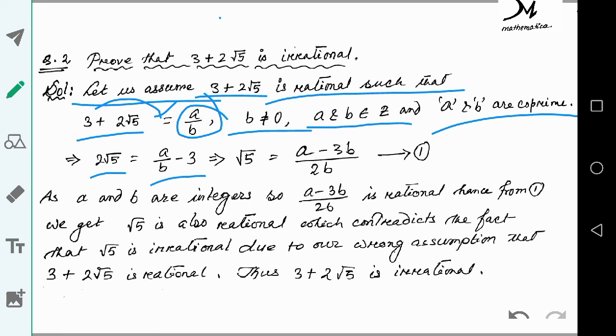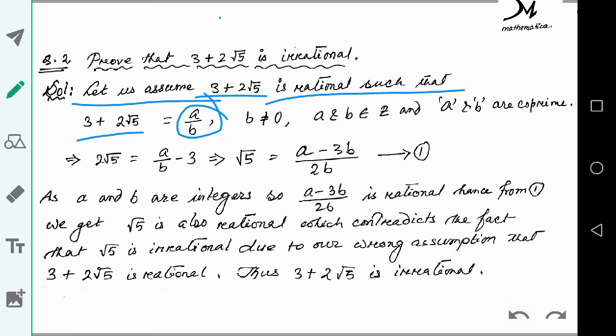Now take b as LCM, then you will get a minus 3b by b, and this 2 comes down to this side, so we have got 2b. That means we have simplified this relation.